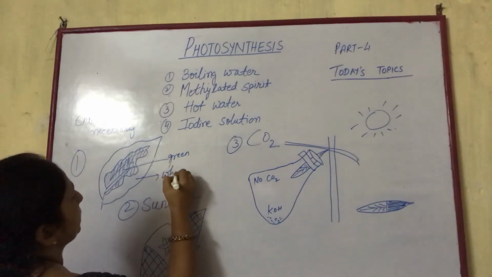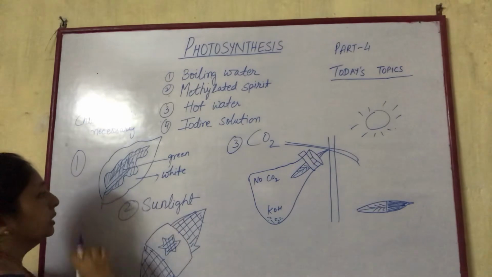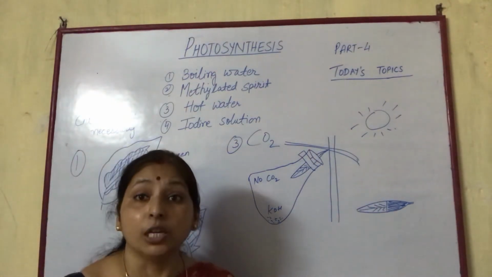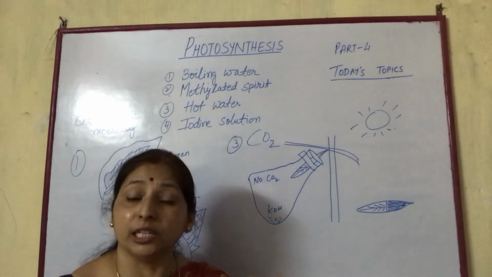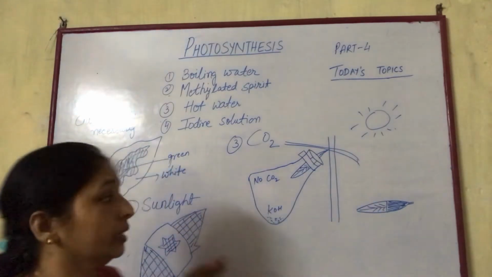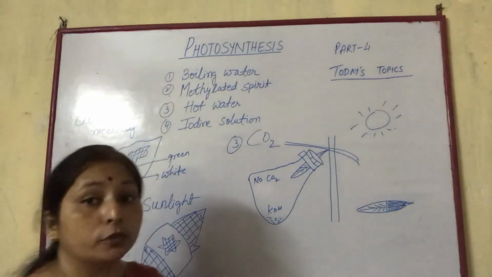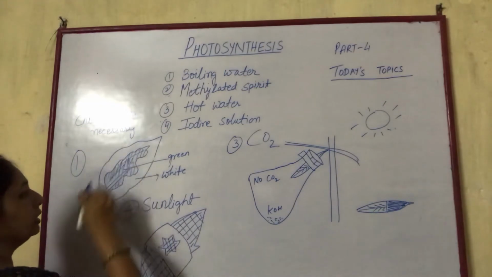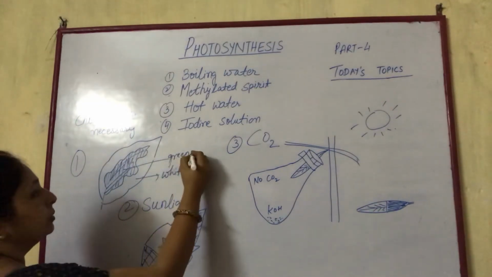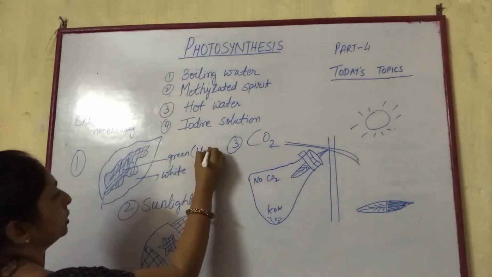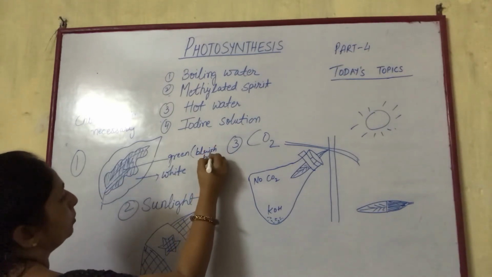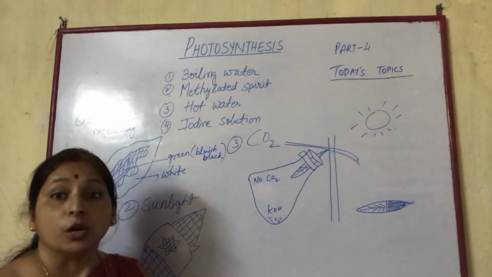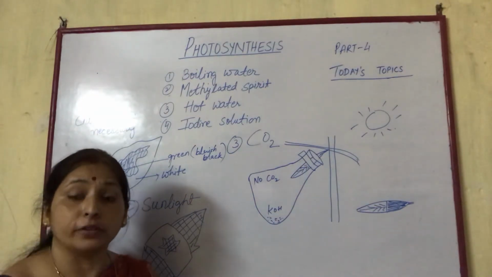For this experiment, we keep the leaf for 2 to 3 days in a dark room so that the leaf is discharged, and then we test it with the iodine solution. The area where the leaf is green turns bluish black to show the presence of starch, as photosynthesis takes place only in the green areas where chlorophyll is present.